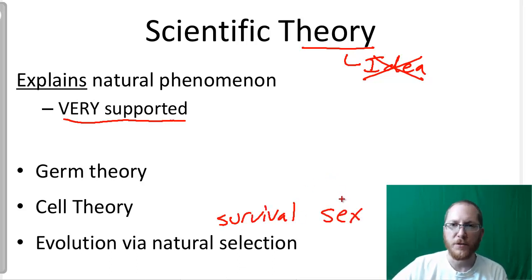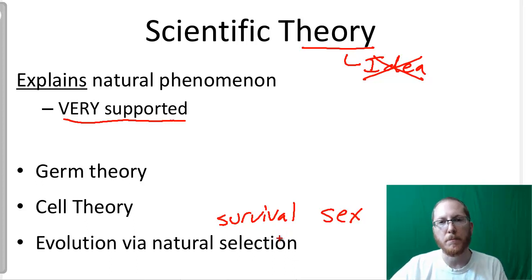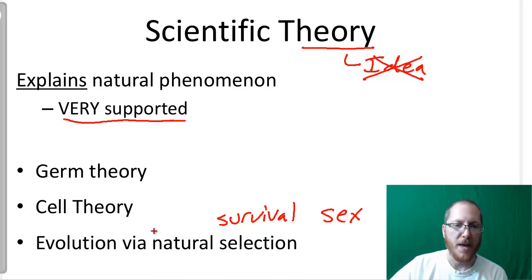This obviously is for sexually reproducing organisms. I suppose if you're asexual, you probably don't want that much sex. But these are the two things they're driving for. Certain individuals do a better job of both of these, so they pass on their genes more, and so their particular traits, their particular genes, become more common. That's it. That'll be the evolution via natural selection theory.